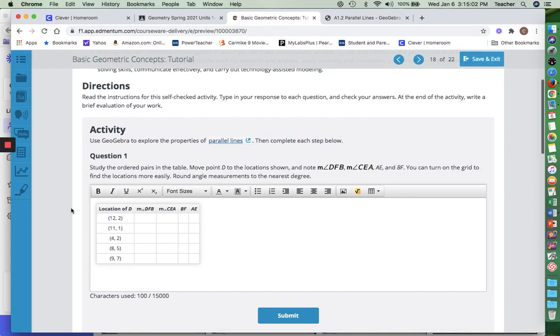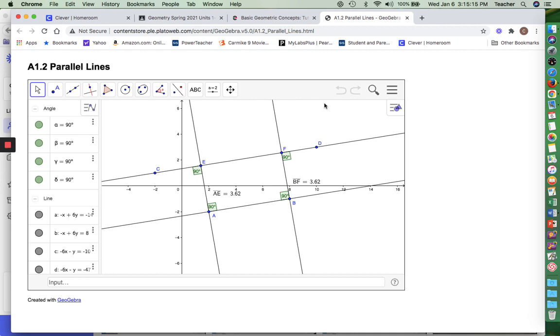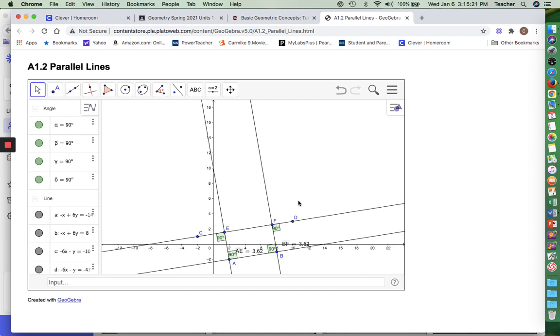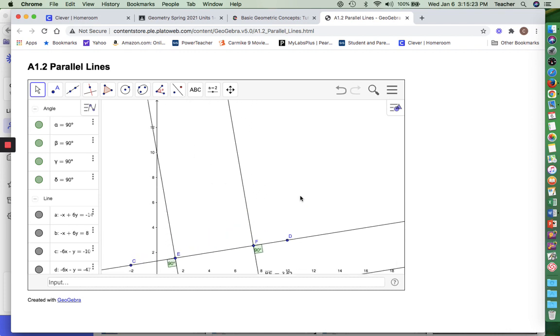All right, study the order of pairs in the table. Move point D to the location shown. So it looks like I have to move D to 12, 2. And then I have to note all this information. So let me do that first. That is not going to be as easy as I think it might be.